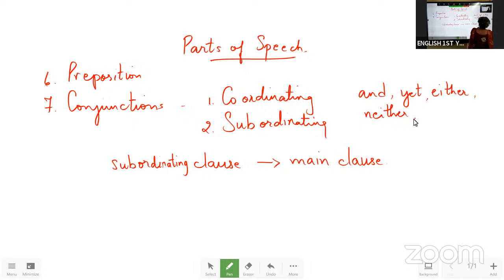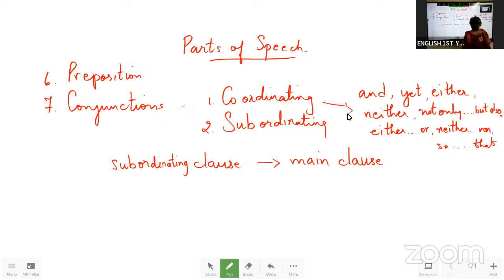Plus you have phrases like not only, but also, either or, neither nor, so that. So all these are coordinating conjunctions.